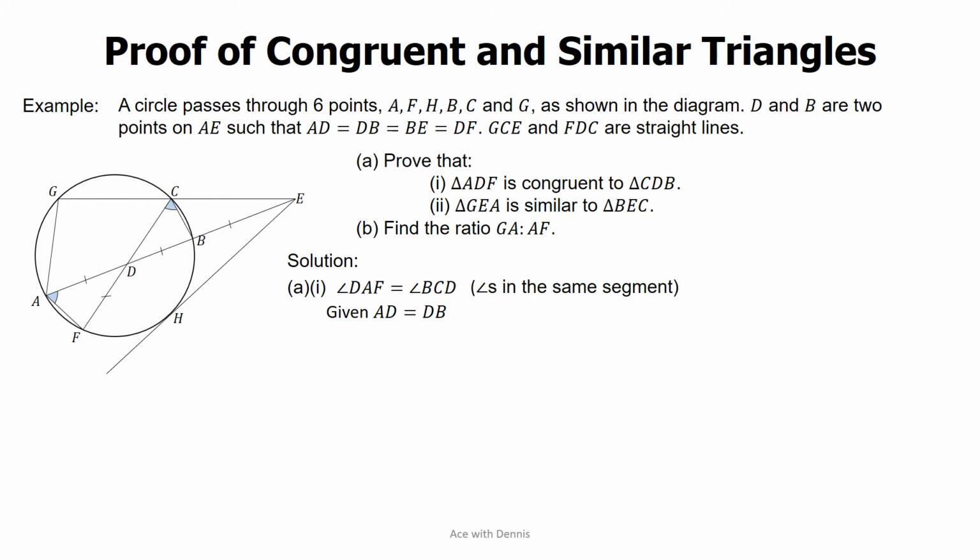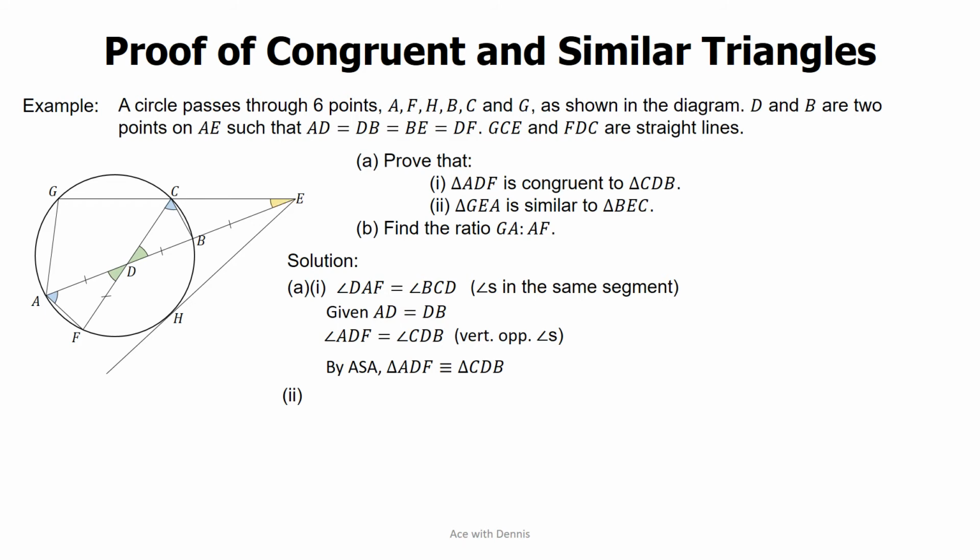Given AD equals DB, and this angle equals this angle, which is angle ADF equals angle CDB because they are vertically opposite angles. Therefore, by ASA, triangle ADF is congruent to triangle CDB.